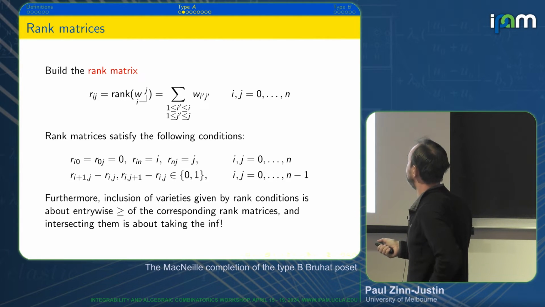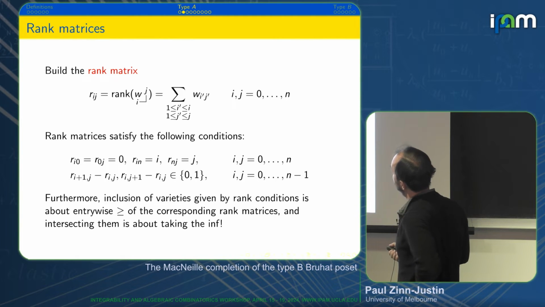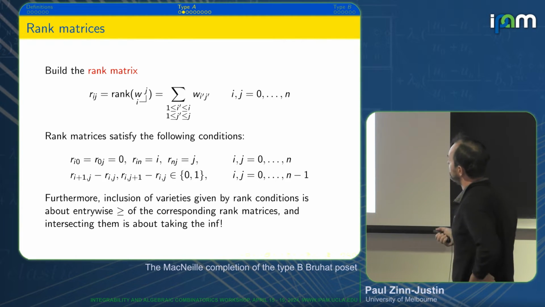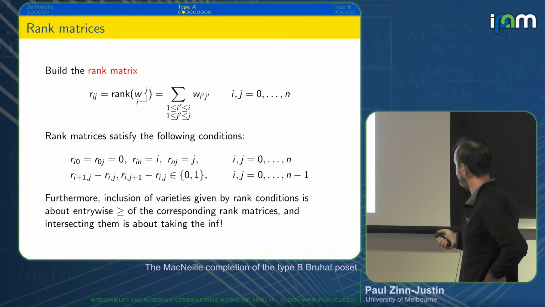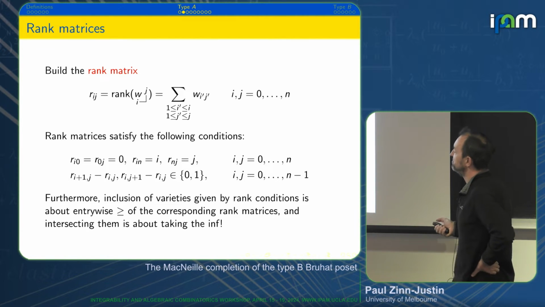So you have some definite values on the boundaries of the square. And then you have an extra condition, which tells you that the rank of a matrix cannot change that much when you add a row or a column. And so that's exactly what these conditions are telling you here. So if you add one row, add one column, either the rank stays constant or it increases by 1. Easy.